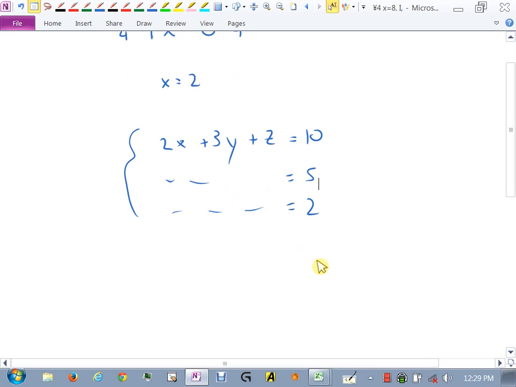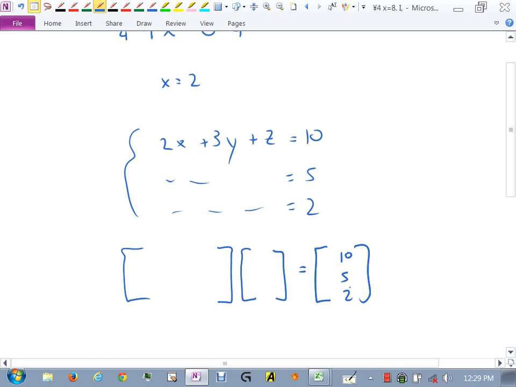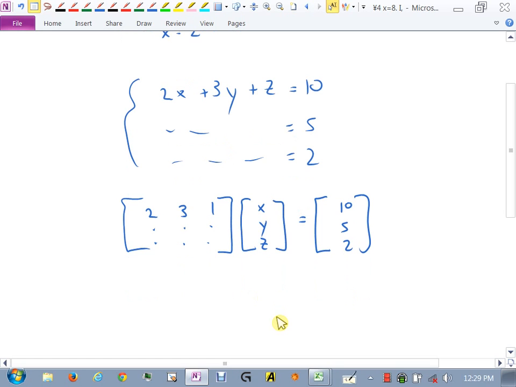What I'm going to be able to do is rewrite this as (10, 5, 2). My coefficient matrix over here, whatever numbers there are here, and this is going to be x, y, z. And so what I have is a 3 by 3 matrix multiplied times a 3 by 1 matrix.